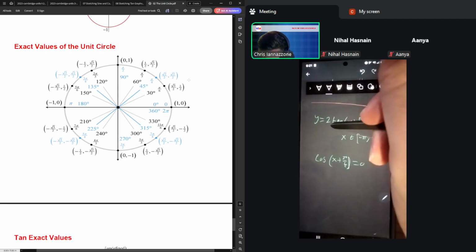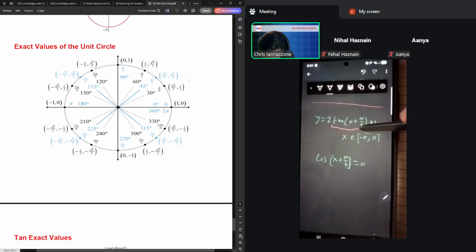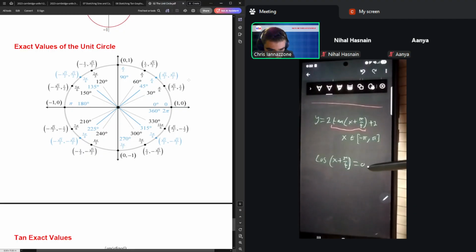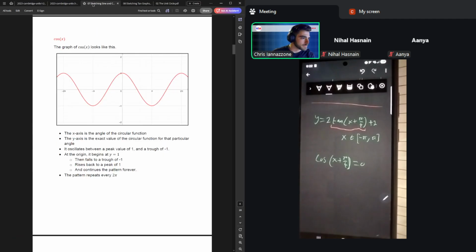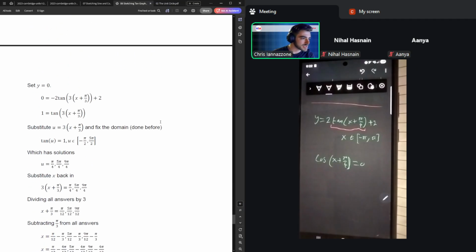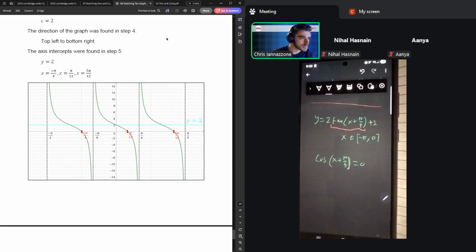To reiterate there, basically when it came to finding the asymptotes, you take the circular function portion and essentially just rewrite it as cos and then make that equal to 0. As for the actual solution of that, we typically would be using a substitution approach.